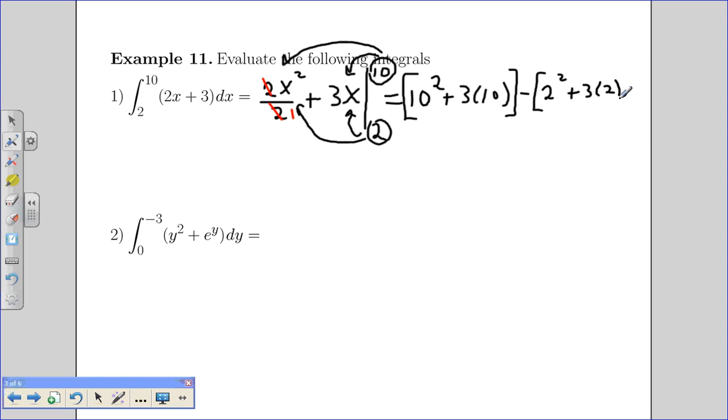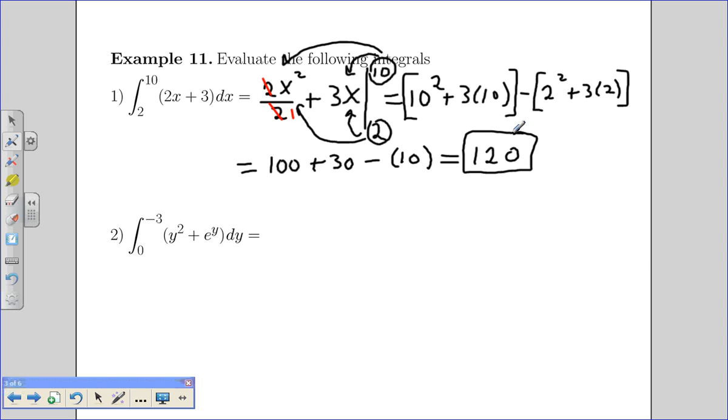Then a little bit of arithmetic. Let's see, 100 plus 30 minus, that's going to be 4 plus 6 is 10. So the answer is 120. And that is the area under the curve of 2x plus 3 from 2 to 10.